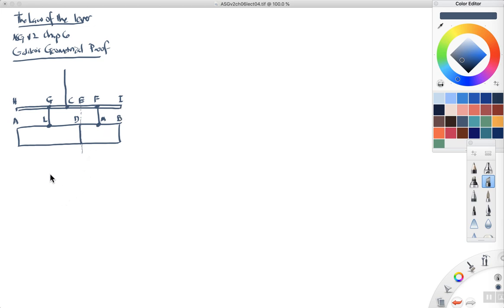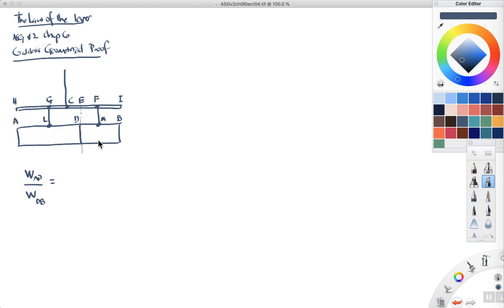And what the law of the lever is going to claim is that the weights of these blocks, this weight is to this weight, in the same ratio as this distance, that is distance CF, is to this distance GC. In other words, the weight of block AD is to the weight of block DB in the inverse ratio of those distances.